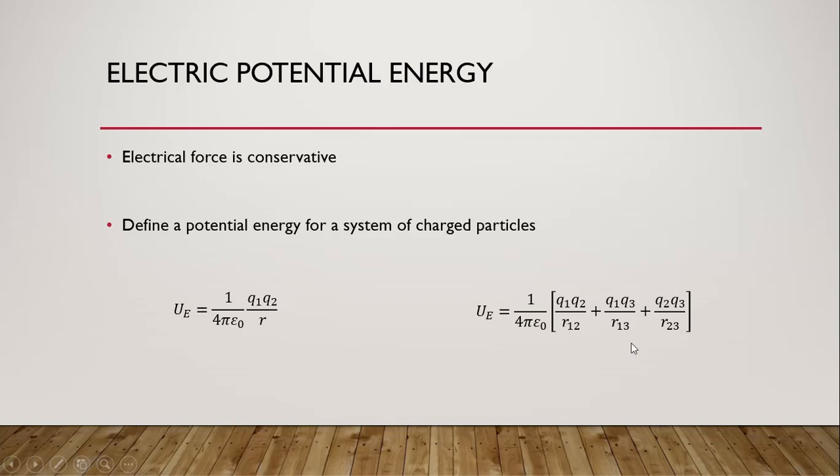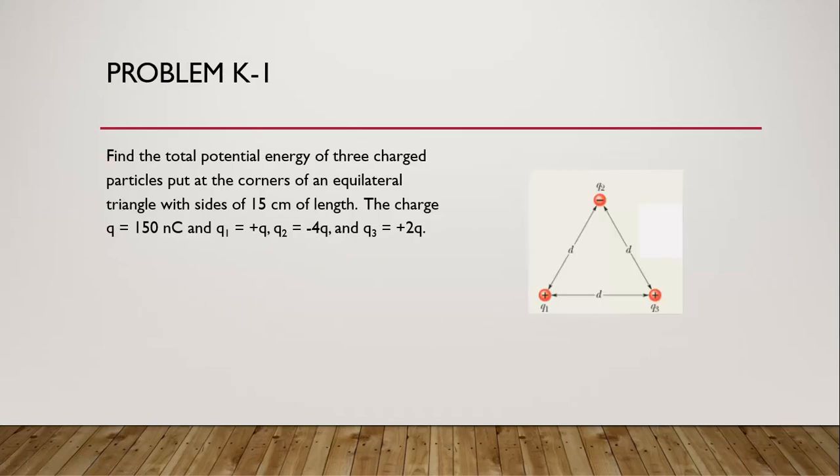If we had a system of charges, we'd do Q1 Q2 over R for each pair of charges and add up all those terms. Here would be a system of 3 charges. If we had a fourth charge, we'd have Q1 Q4, Q2 Q4, and Q3 Q4, so 3 more terms. 5 charges would be another 4 terms. So you can see this can get fairly long if you have a large system of charges.